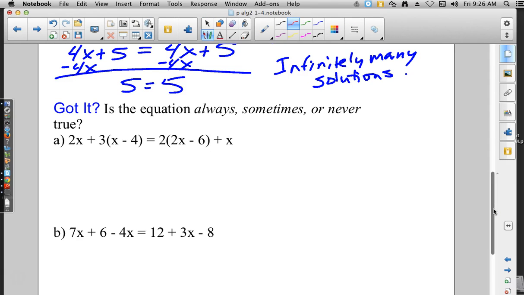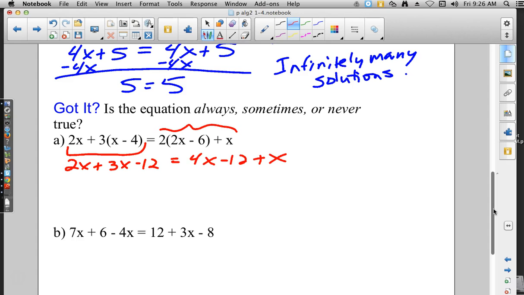All right, as we work through this one on the left-hand side, we would distribute the 3 and get 2x plus 3x minus 12. And on the right-hand side, we would distribute the 2, so that'll be 4x minus 12 plus x. Then we'd combine those like terms on each individual side, so this would be 5x minus 12, and over on the other side, 5x minus 12.